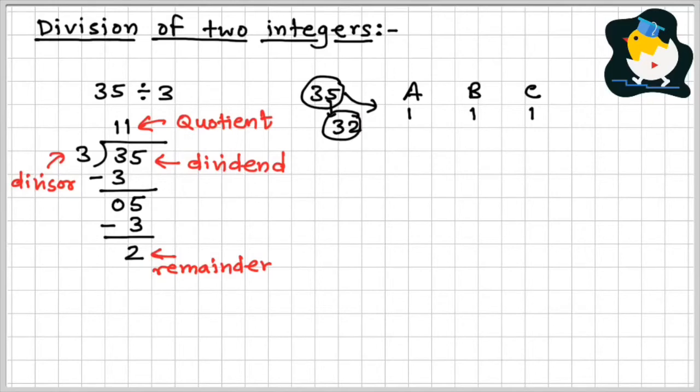I will again give 1 chocolate each to A, B and C, and then this number decreases by 3 and we will have 29. Again I will keep on doing this, so remaining will be 26.